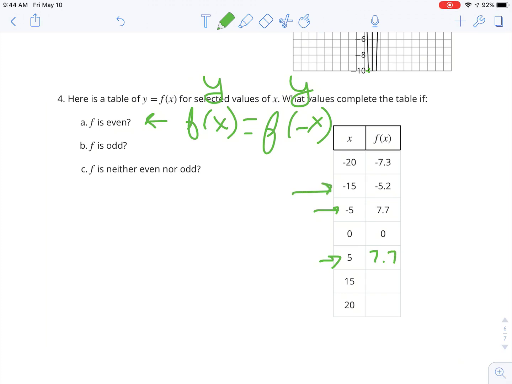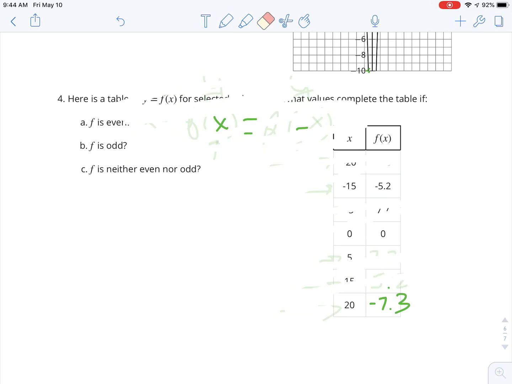And I have -15 and +15, they will both be -5.2, and then -20 and +20 will both be -7.3. This is going to be your even function. So that means you get the same y value for opposite x's.